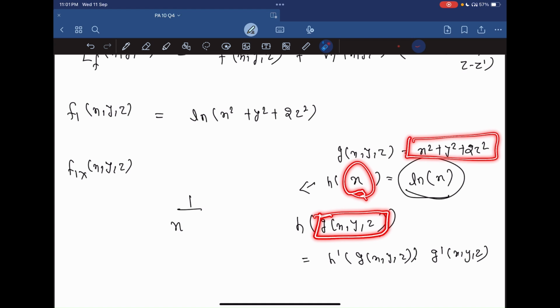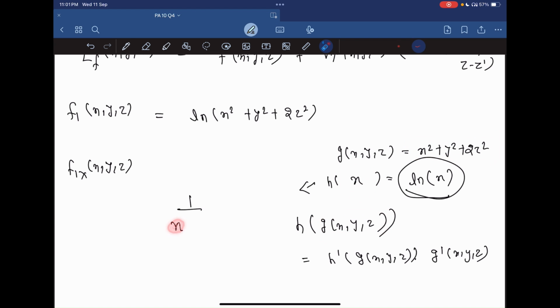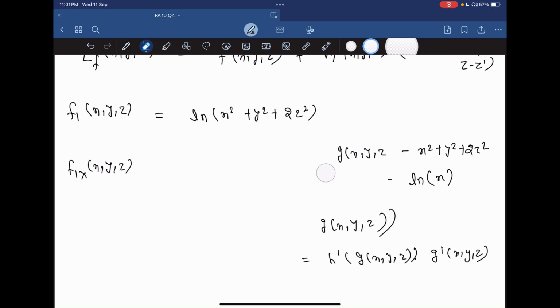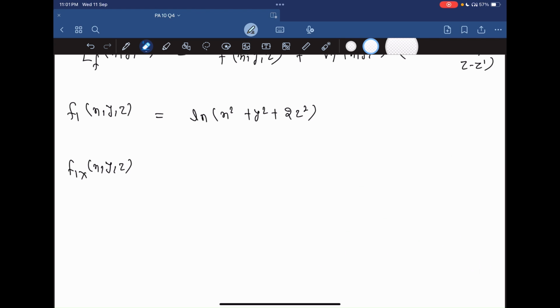This x here is actually x square plus y square plus 2z square. Now we will multiply it with the derivative of the inner function g of x comma y comma z. The derivative of this function with respect to x will become 2x. So this would become 1 by x square plus y square plus 2z square times 2x.